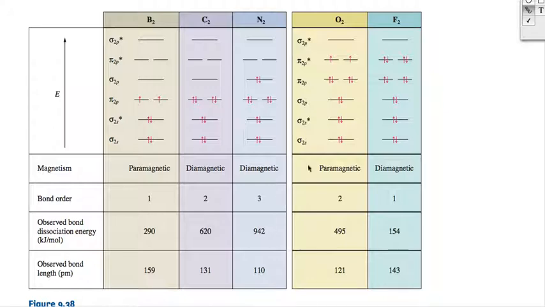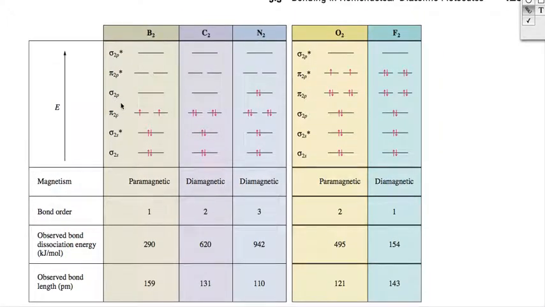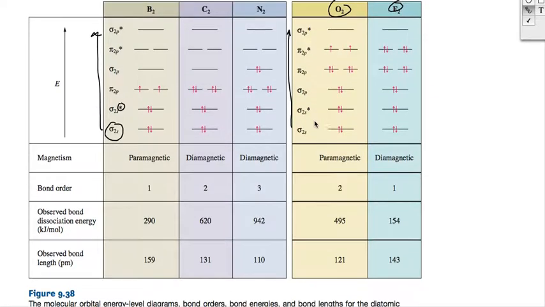This is just showing you the order of these different bonding and anti-bonding orbitals. You don't necessarily need to know this order, all right? But it's just showing you that for some molecules, the order of these bonding and anti-bonding molecular orbitals may be one way, and for other molecules it may be slightly different. Okay, but you can see they're getting filled. In whatever order they are, you fill the lowest energy first and then move up to the highest energy.